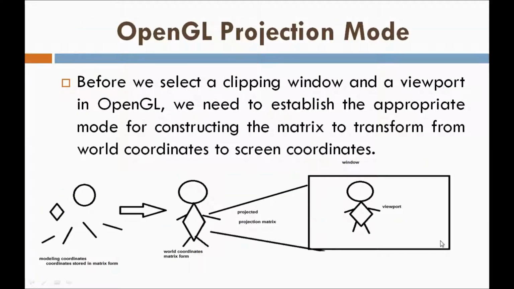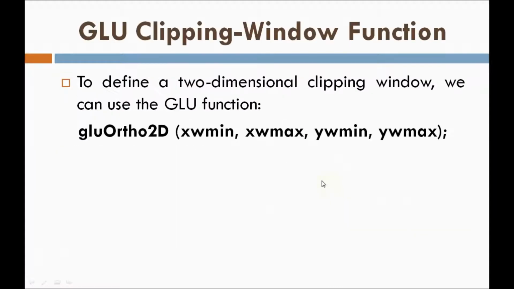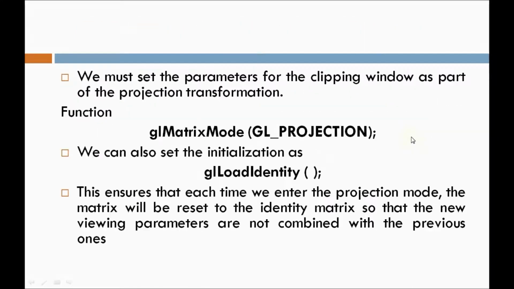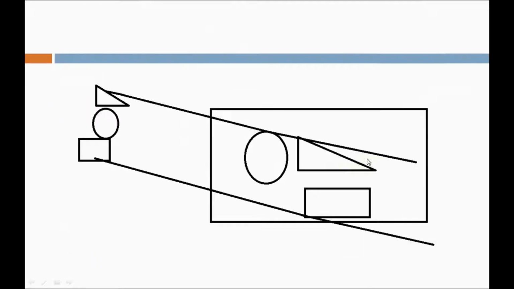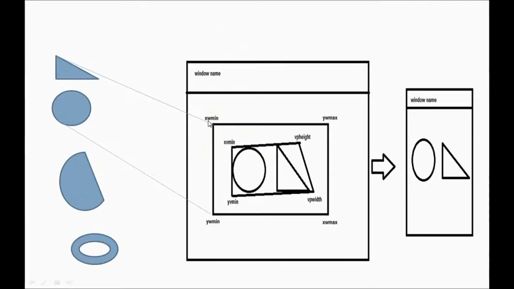The function used to set the clipping window is gluOrtho2D, that is, I am setting a 2-dimensional clipping window here. So I am using xwmin, xwmax, ywmin, ywmax here, right? You can see xwmin, ywmin, xwmax, ywmax. These 4 parameters I need to use to set the clipping window.